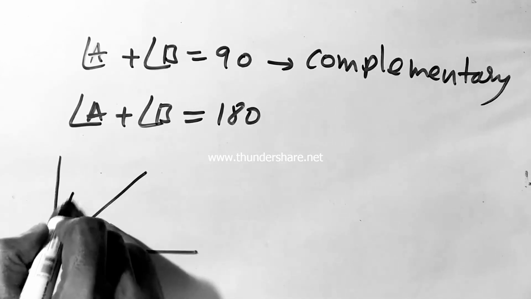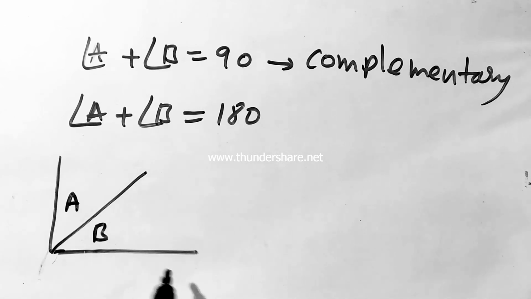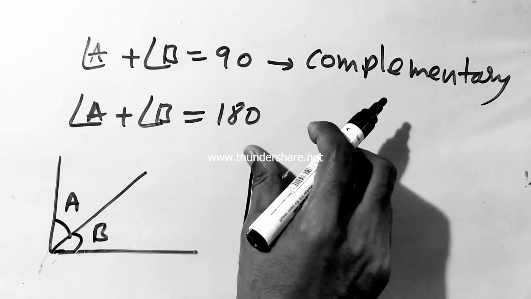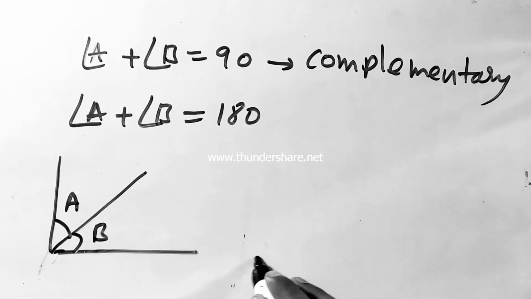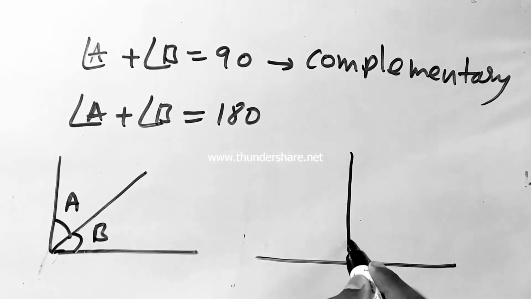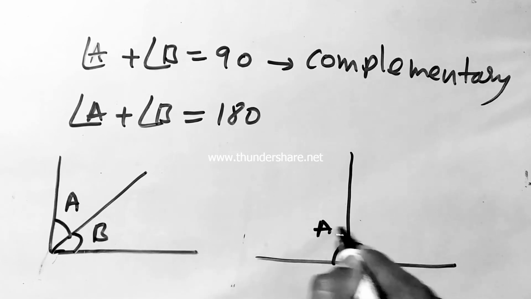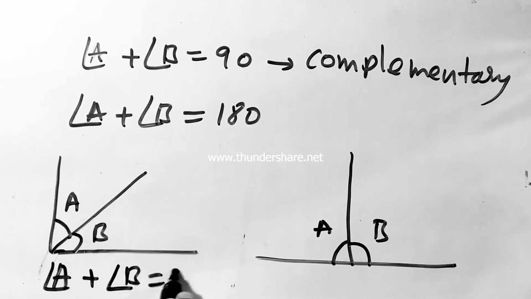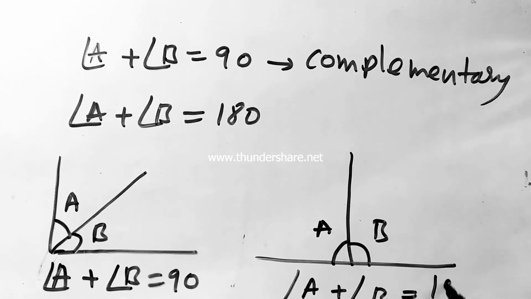Here this is A, this is B. This is angle A, angle B. Here we take an example of supplementary. Here angle A plus angle B is equal to 180.